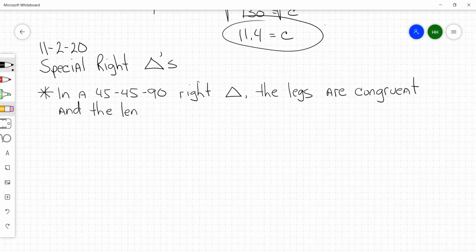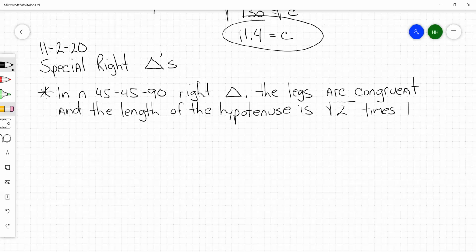And the length of the hypotenuse is the square root of 2 times the length of a leg.